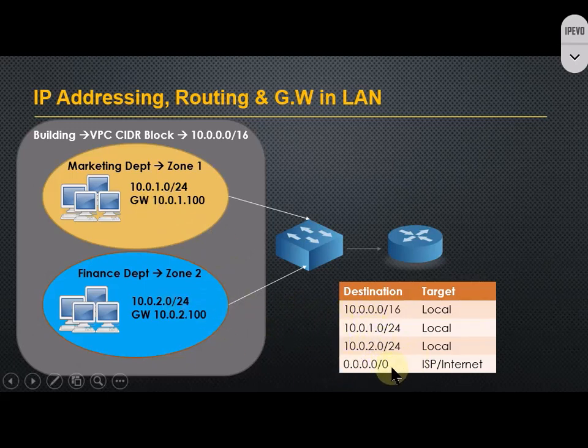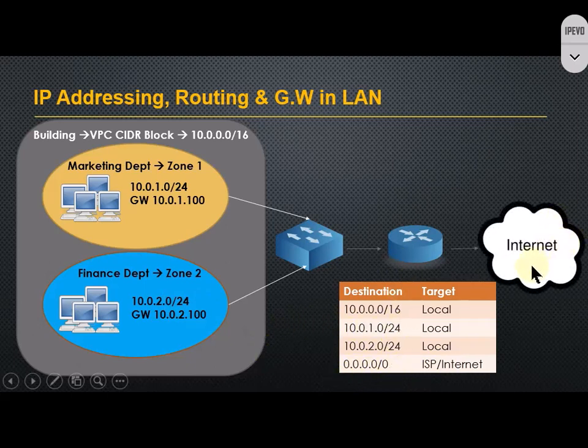And then we have the service provider. In our local area environment, we do not have a separate internet gateway. We have a router, and inside the router we deploy the default gateway, which eventually takes our marketing and finance department users to the internet.